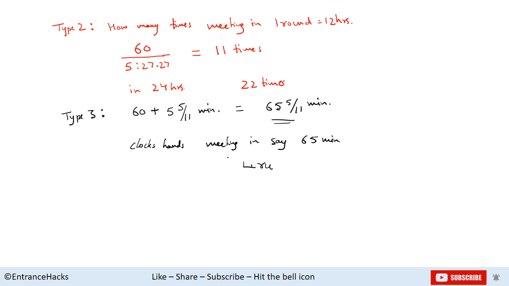This will imply the clock is running fast than normal. That's why the hands are able to meet before 65 and 5 by 11. And similarly, if clock hands are meeting in say 66 minutes, that implies our clock is running slow.